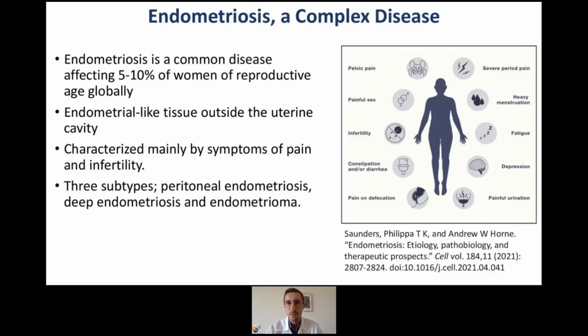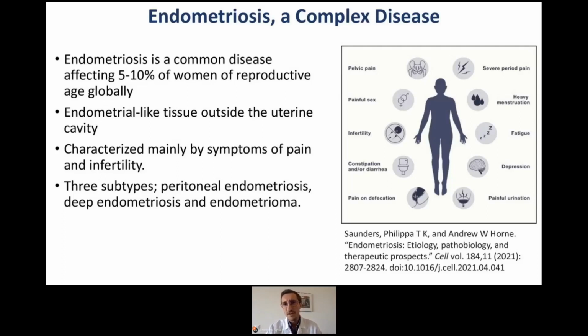This represents a population of about 190 million worldwide. Endometriosis is actually defined as endometrial-like tissue, which is found outside of the uterine cavity. It's characterized mainly by symptoms of pain and infertility.